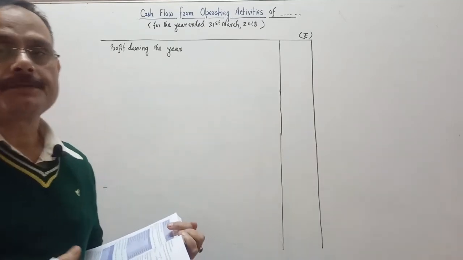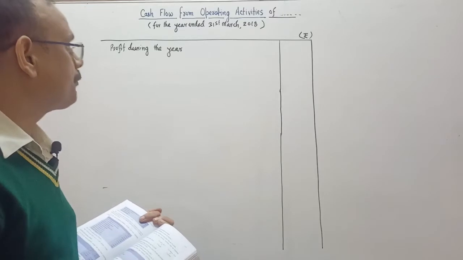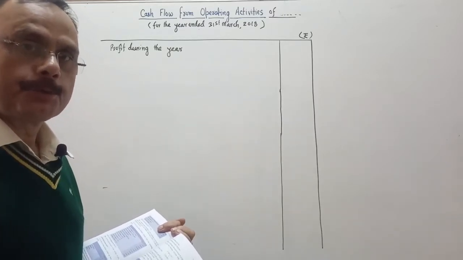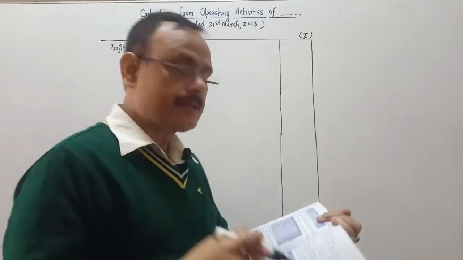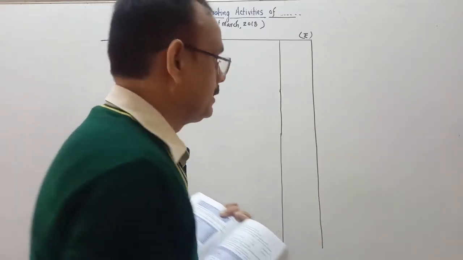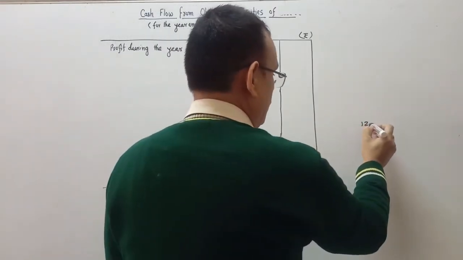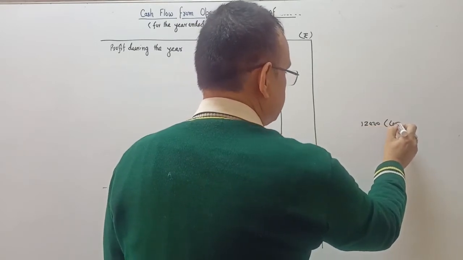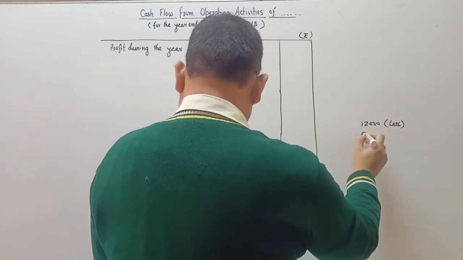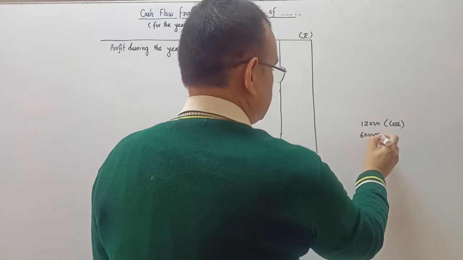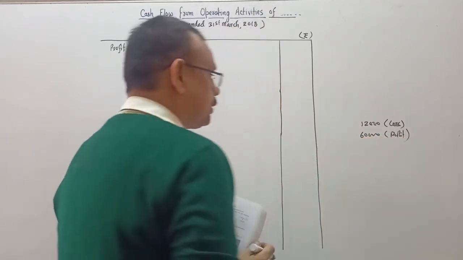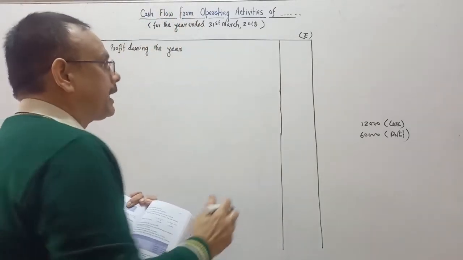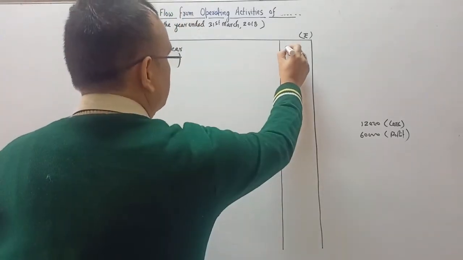Last year there was a loss, and this year, the current year, there is a profit of 60,000. So the profit of the current year will be 72,000.